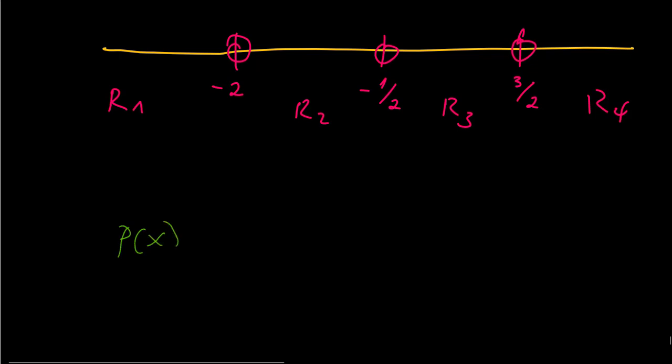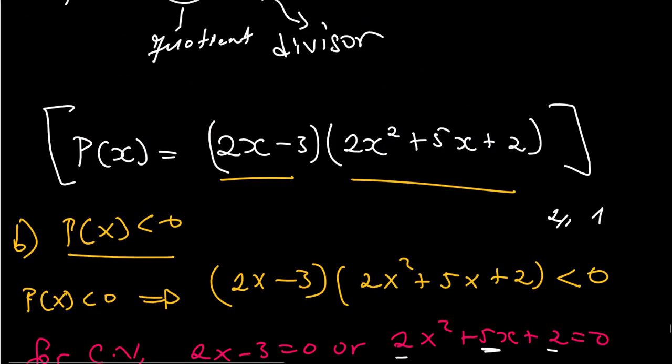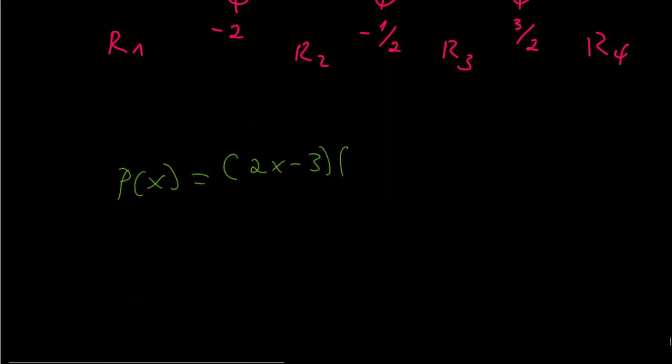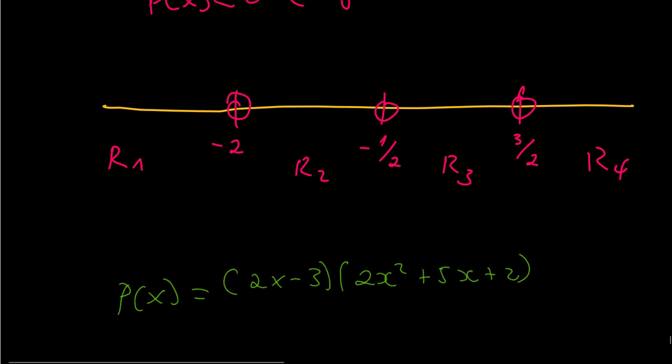So we have the polynomial p of x was 2x minus 3 times 2x squared plus 5x plus 2. Now we pick a value, let's say anywhere in region 1. So we can choose even -3, since -3 is found there, and we plug it in.